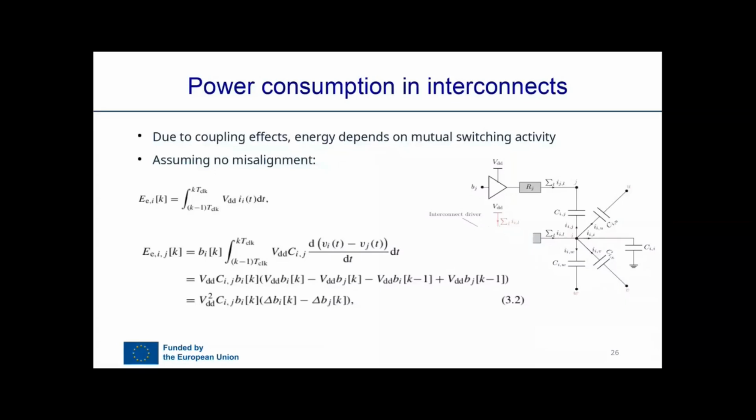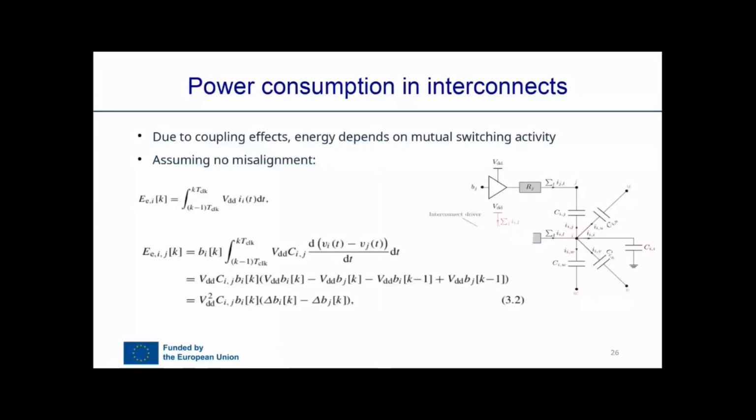Remarkably, when you calculate this analytically, you can obtain a closed formula: VDD squared, C_ij, multiplied by the bit in the line k and multiplied by the variation of V_k minus the variation of V_j. This formula agrees extremely well with the simulation result, even if you have more than one aggressor, even in a scenario like TSVs where you have more than one line adding a coupling capacitor.